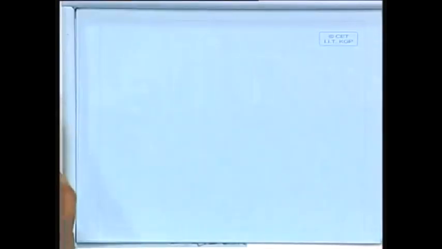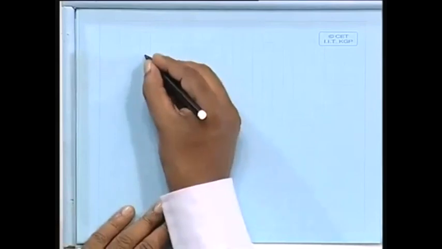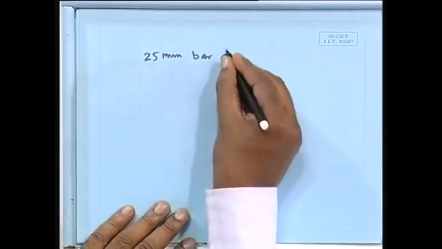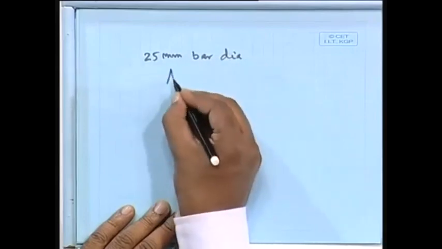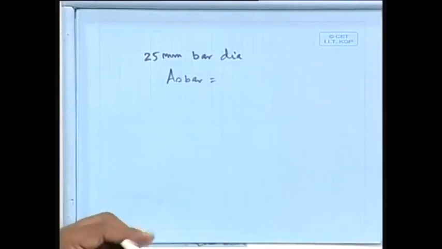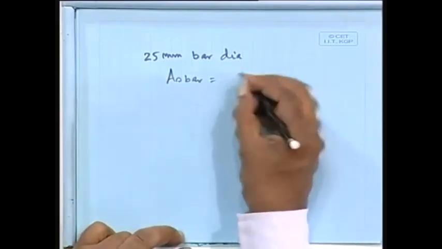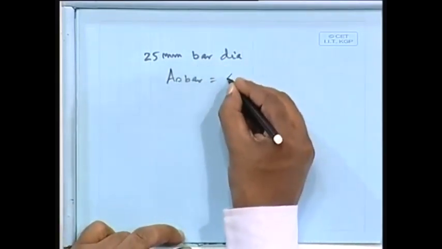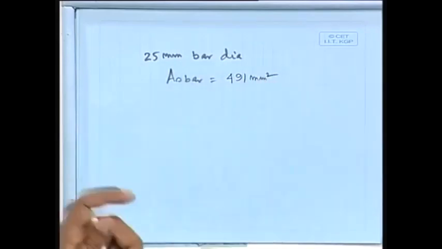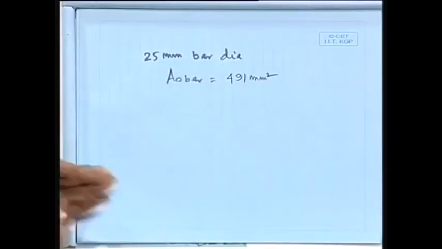If we provide 25 millimeter, then also is there any difficulty? Let us find out. So 25 millimeter bar dia, the area of steel of each bar will be 491.